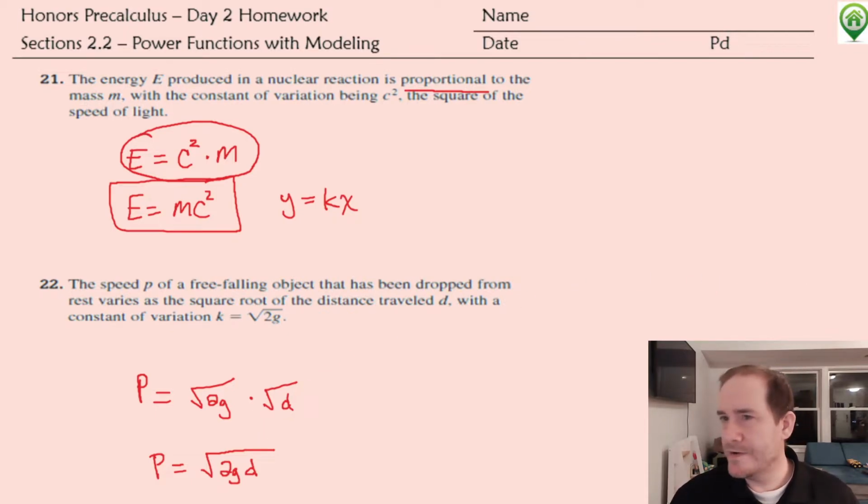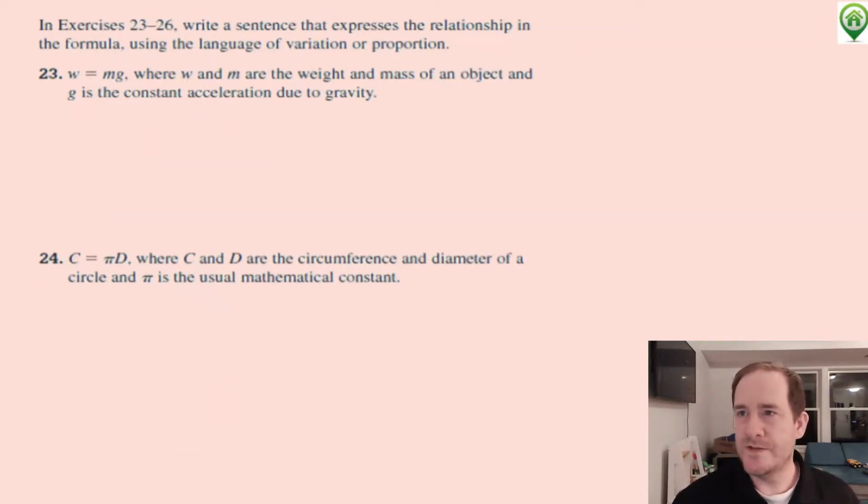But moving on. 23. This time you have to write your own sentence. It says write a sentence that expresses the relationship. Okay, fine. So I see w equals m times g. g is my constant. So I can see that w varies directly with m, where w and m are the weight and mass of an object.